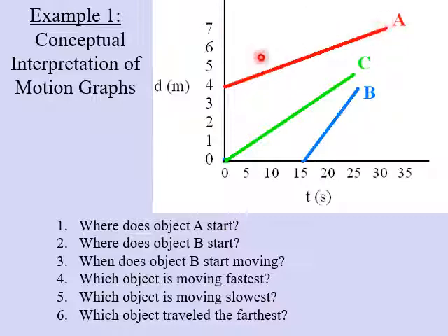But notice A has only traveled 3 meters because it started at 4 and ended at 7. So by looking at this graph, we can see that object C actually traveled the farthest. Object C started at 0 and it ended at 4 meters, which is a total displacement of 4 meters.